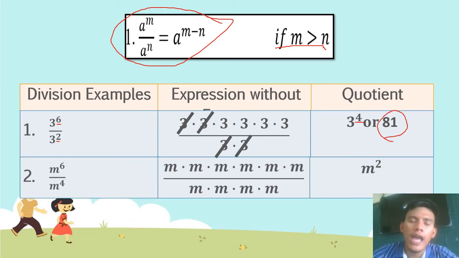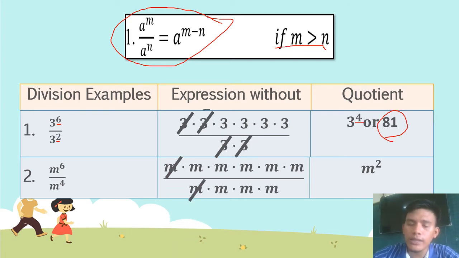Number 2, m raised to 6 over m raised to 4. When you express that without exponent, m raised to the exponent 6 is m times m times m times m times m times m over m raised to 4. There will be 4 m's: m times m times m times m.